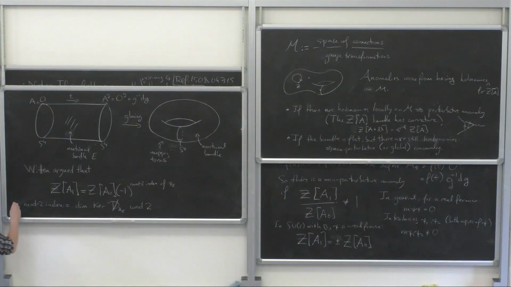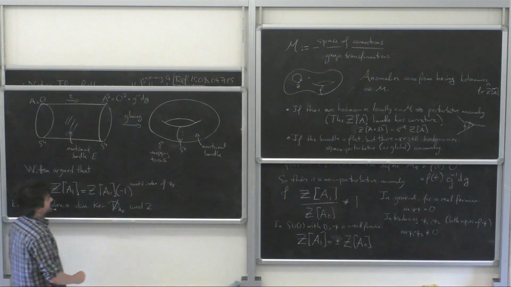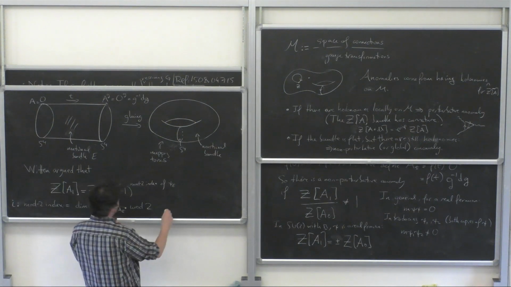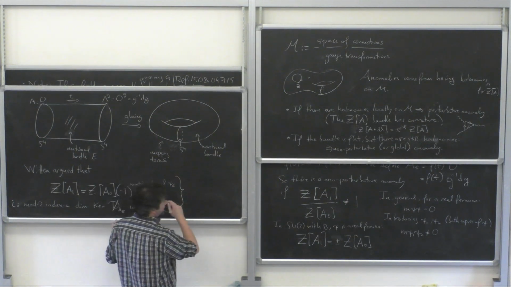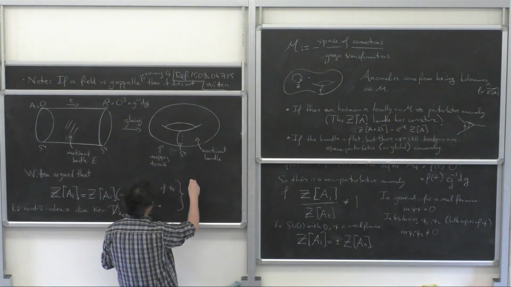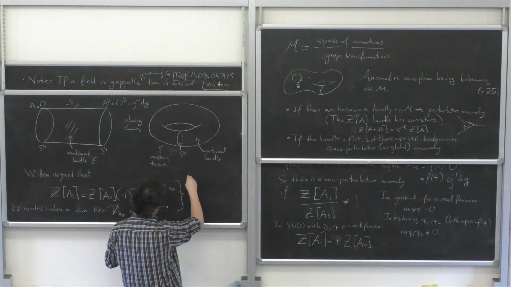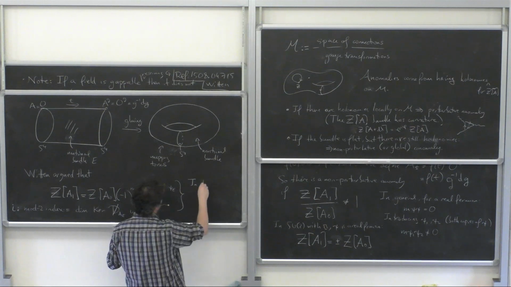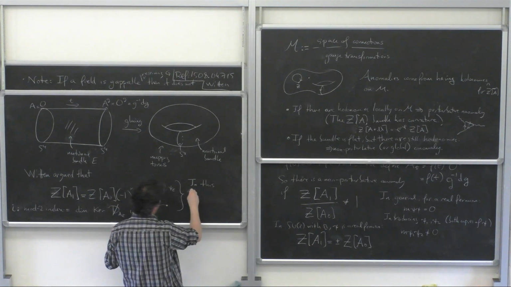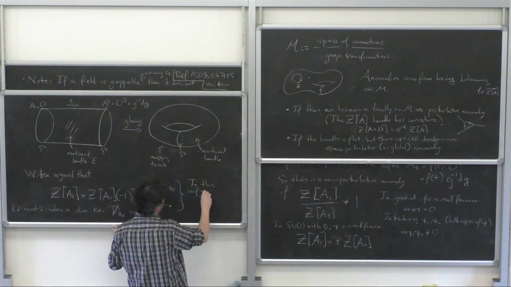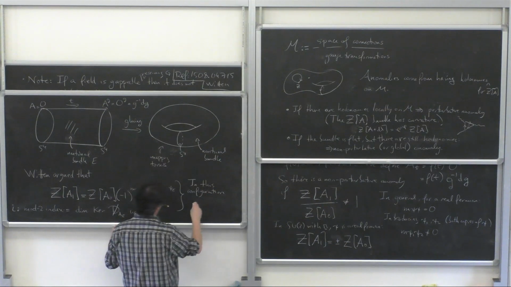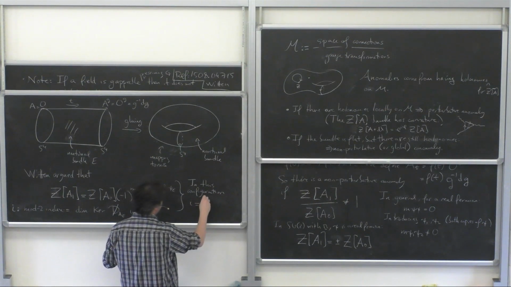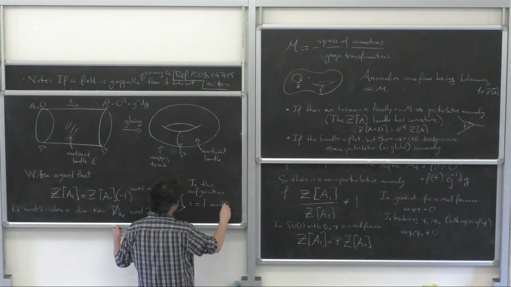So let me call this I. And then you have, by a calculation that you have to do, this is not straightforward, in this configuration, I is 1 mod 2.